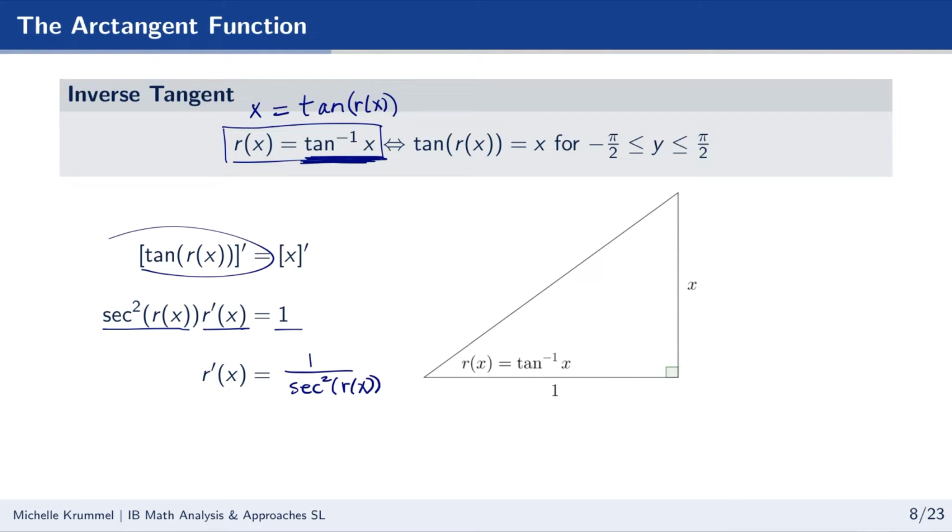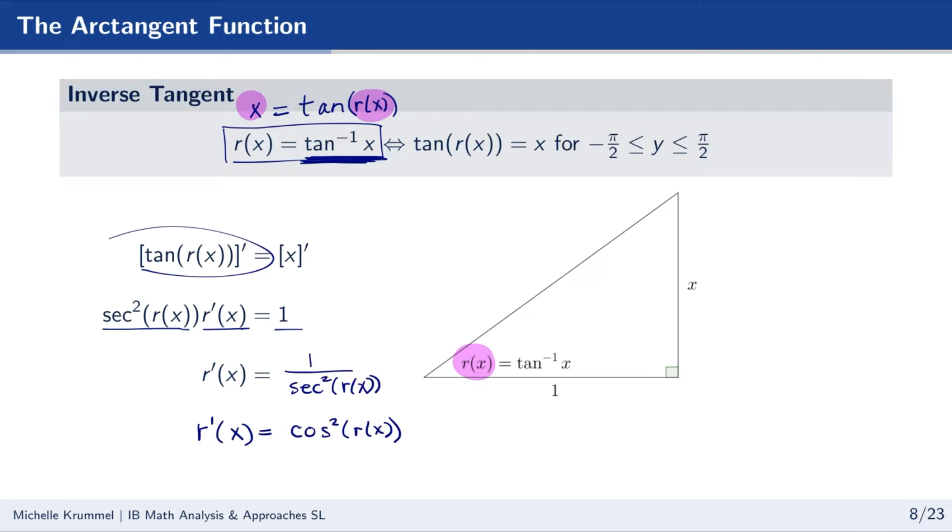And the reciprocal of secant is cosine, so I can also say r prime of x equals cosine squared of r of x. And we'll use the right triangle to help us figure out what the cosine of r of x is equal to. So we have r of x as our angle. We're taking the tangent of r, so we know r is the angle. We'll label that just like that.